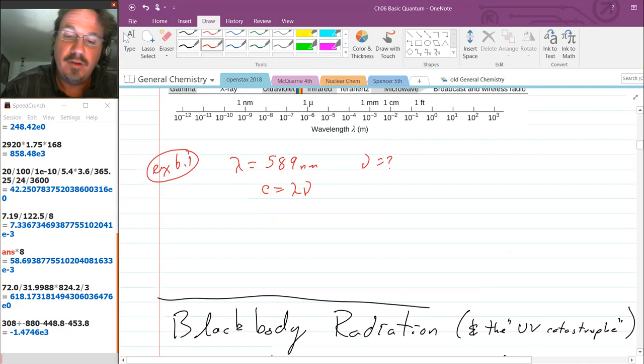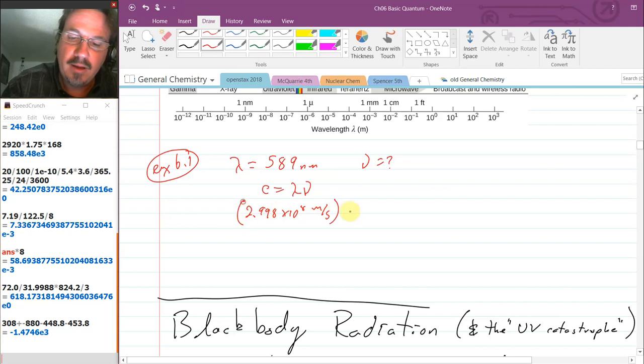And so we can just fill it in. c is always the same number, 2.998 times 10 to the 8th meters per second, equals the wavelength, 589 nanometers. That nano means 10 to the minus 9, so that many meters, times the frequency. And we can solve that fairly easily now.